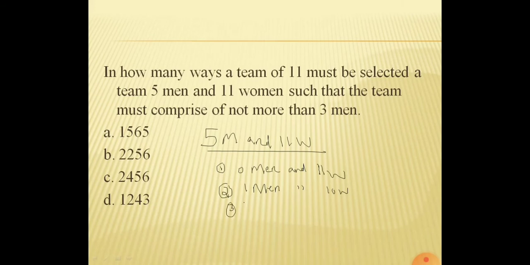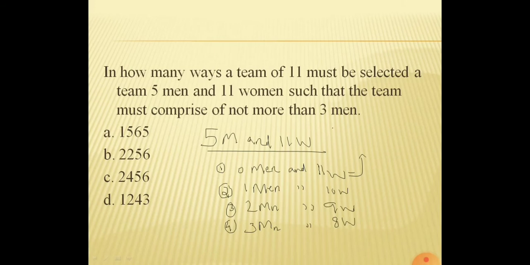And the third one is 2 men and 9 women, that can also be possible. And one more way is 3 men and 8 women can be possible, right? Okay, so these are the 4 ways: 0 men, 1 man, 2 men and 3 men. It should not exceed more than 3, that is given.